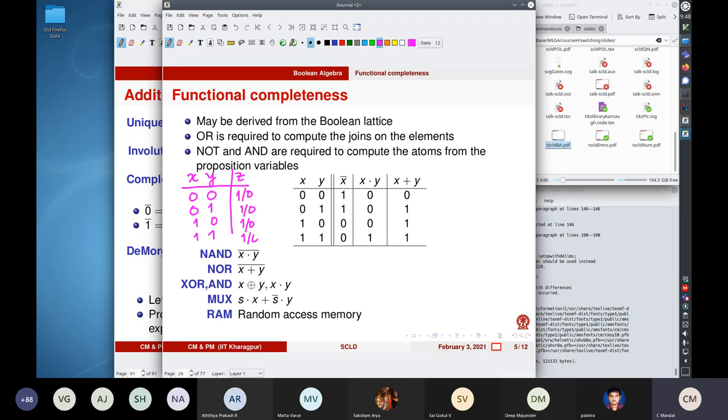So how does the RAM help you? If you have 2 address bits, you can express these 4 possible addresses.